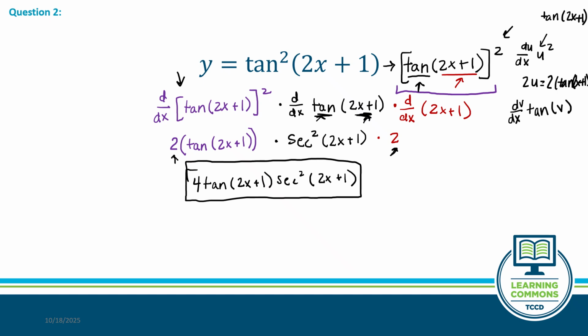So now I'm just focused on tangent. So then therefore I just know it's secant squared v, and I know v is that 2x plus 1, so that would give me secant squared 2x plus 1.